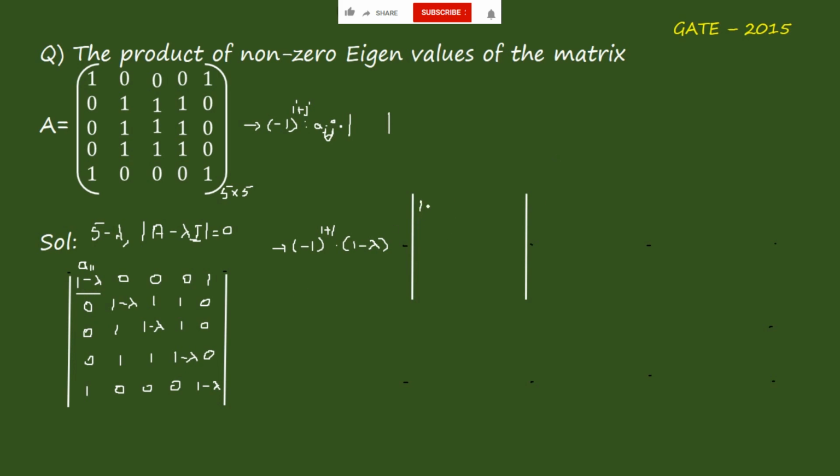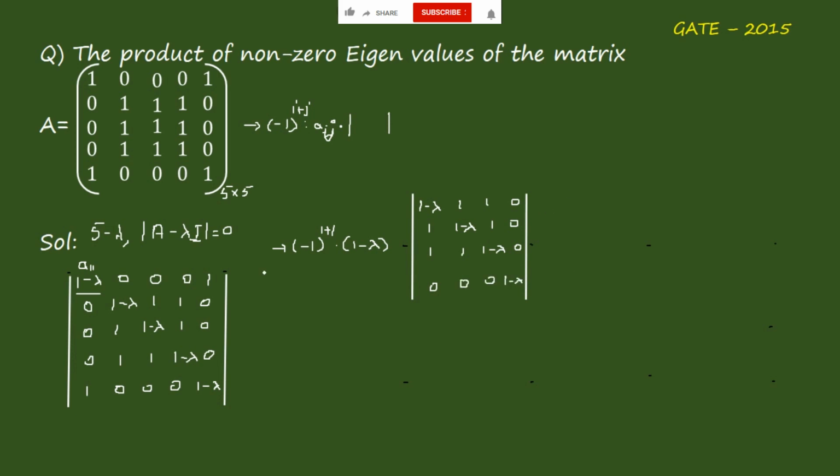So we get 1 minus lambda, 1, 1 and 0; this is 1, 1 and this is 0. The other terms are 1 minus lambda, this is 1 and this is 1, this is 1 minus lambda, and this is 0, and this is 0, 0, 1 minus lambda.